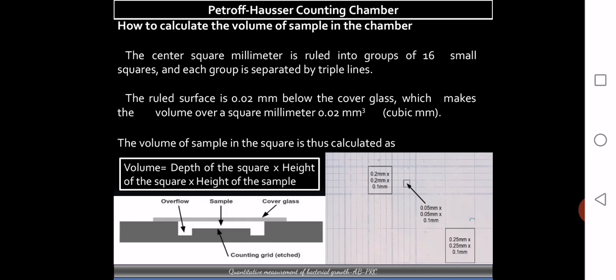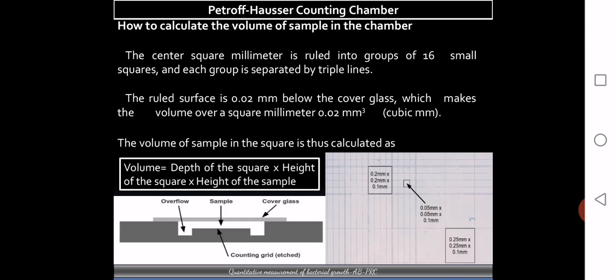An example is given there. If you are using a 0.2 mm square, then the area will be 0.2 into 0.2, and the height of the sample, or the depth of the chamber, is usually given on the chamber.